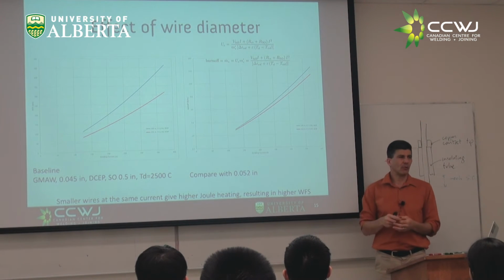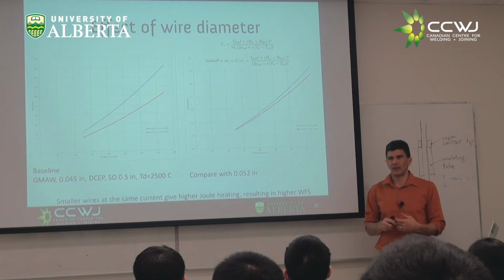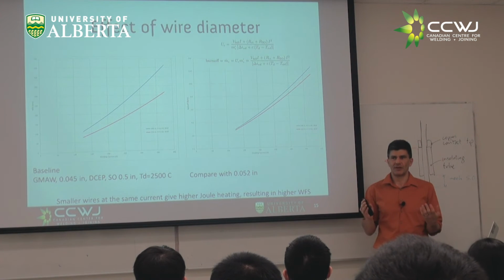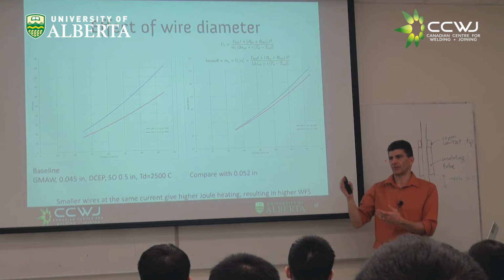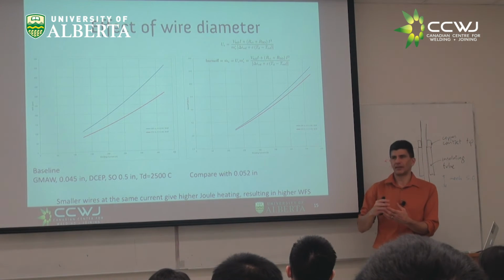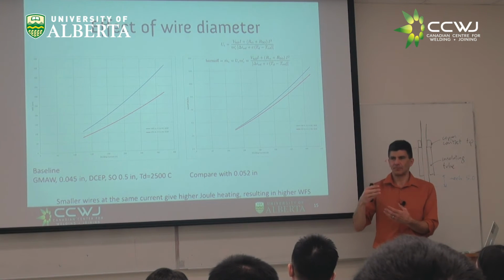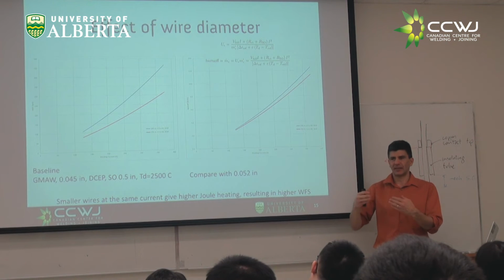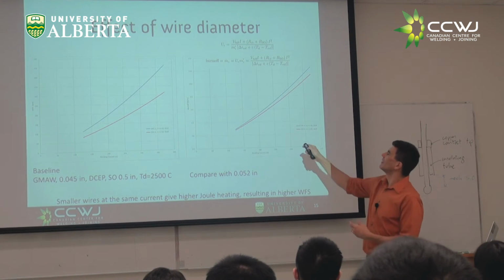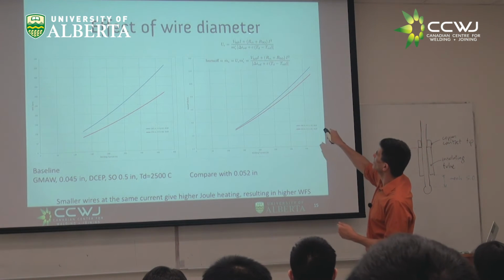So a thicker wire is going to have more. And this is another formula I'm not going to put up for you there, but the cross-sectional area is pi diameter squared over 4. If I multiply that by density, that gives me the kilograms per meter. So the wire diameter appears in these two.